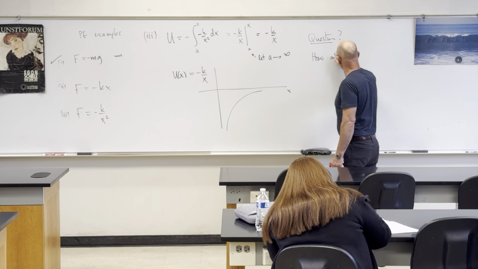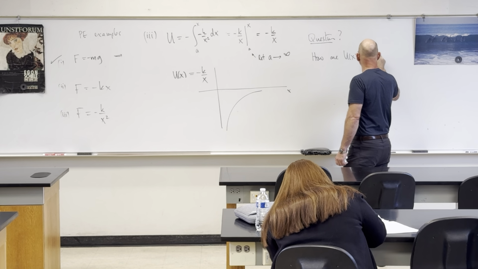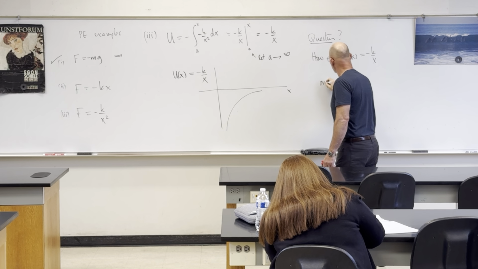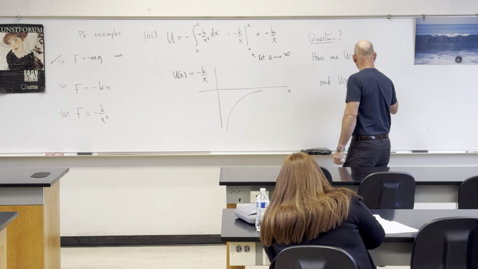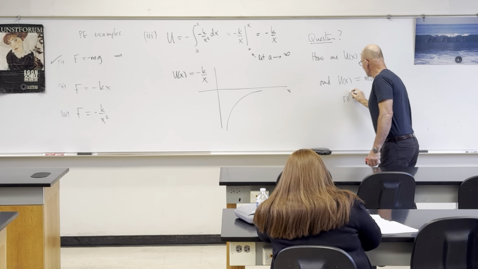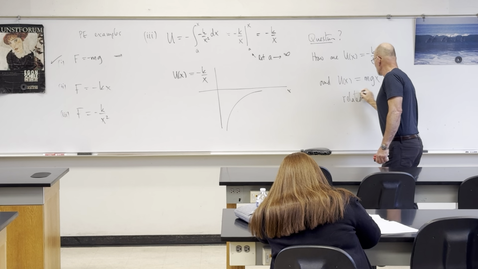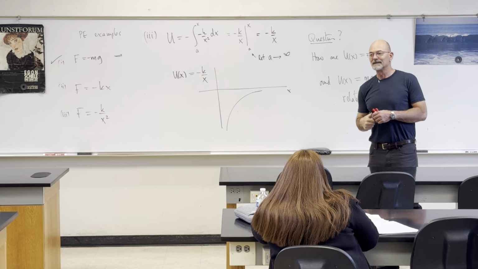How are U of x equals minus k over x and U of x equals mgx related? Anybody know that?